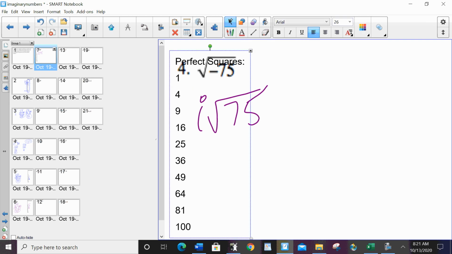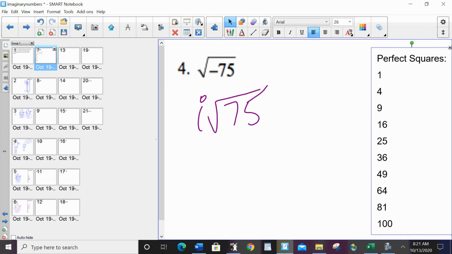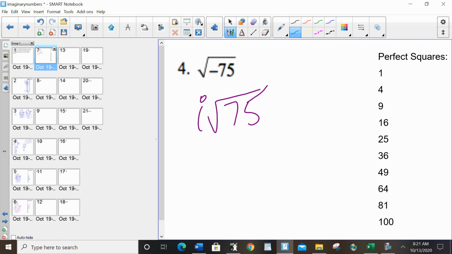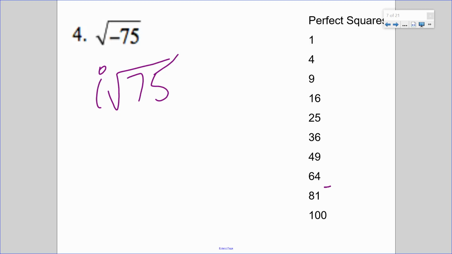Now, let's get my list of perfect squares up there. 75 is not on my list, so I'm looking for the largest perfect square that goes in. 64 doesn't go into 75. 49 doesn't divide in. 36 doesn't divide in. 25 does.